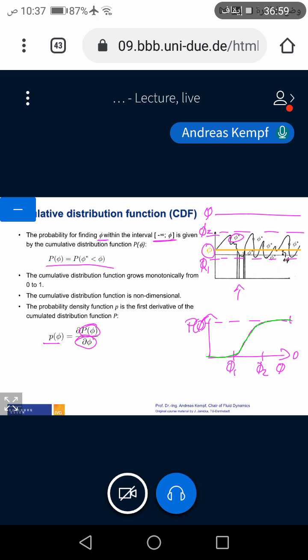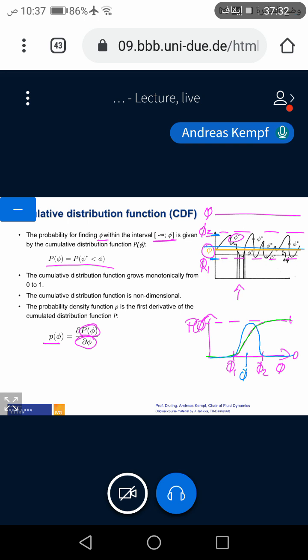The derivative of the cumulative distribution function, the green or pink line, in this case would look pretty much like a Gaussian, like this. This is our probability density function, and it matches our observation that we have the highest probability for phi's lying in between phi 1 and phi 2. So between phi 1, which is here, and phi 2, most of the samples that we can find will be somewhere in this region.